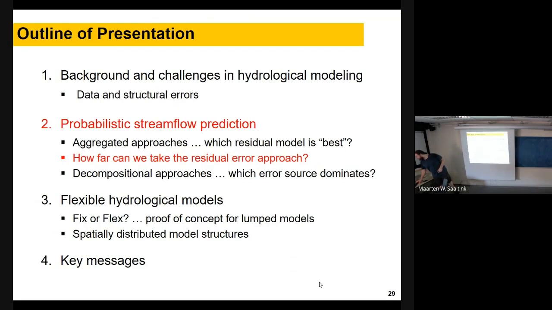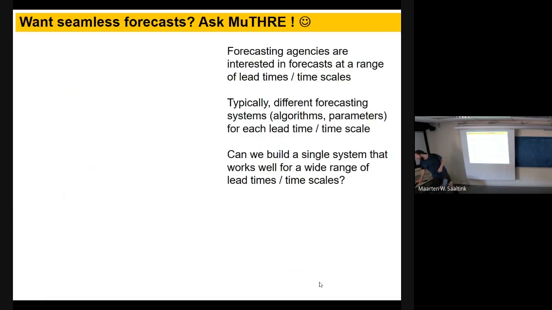So that was a while ago, a few years back, and one of the questions we had is really how far we can take this approach of the residual errors. And one of the questions that was really being asked of us is, can we produce a forecasting system which performs pretty well at a range of lead times and time scales?